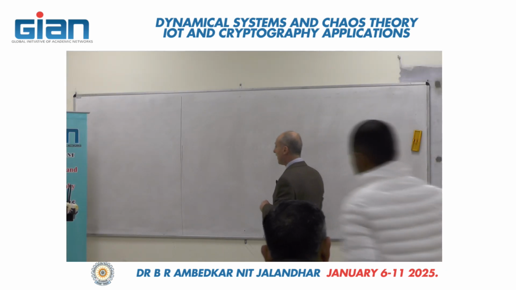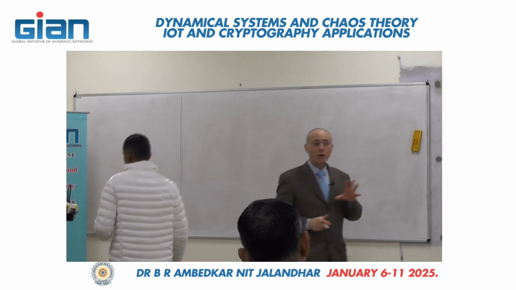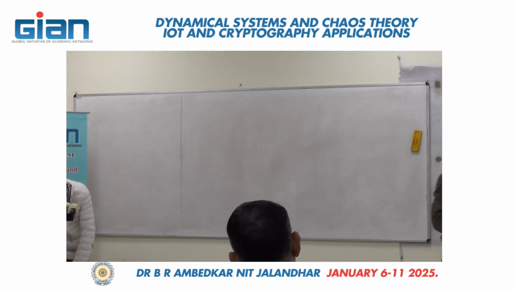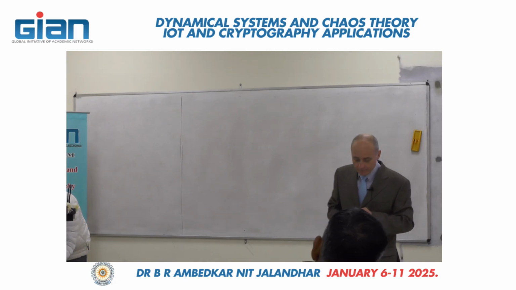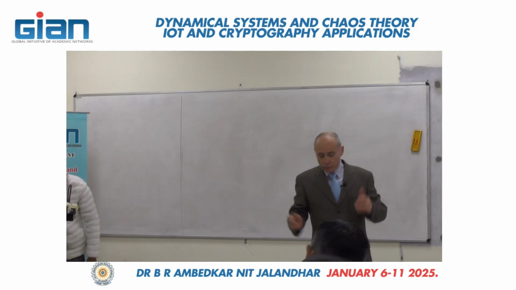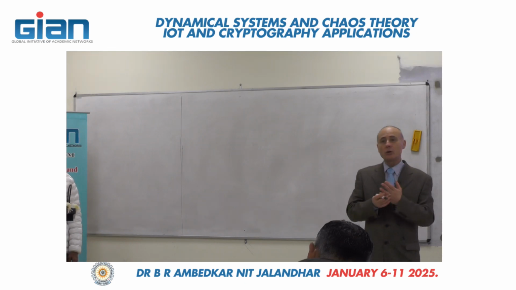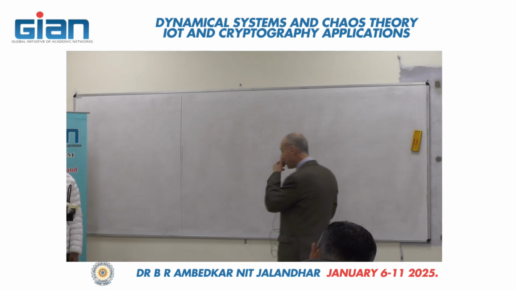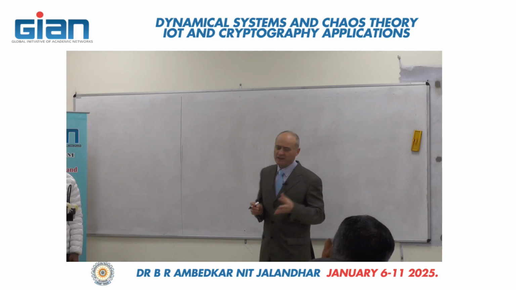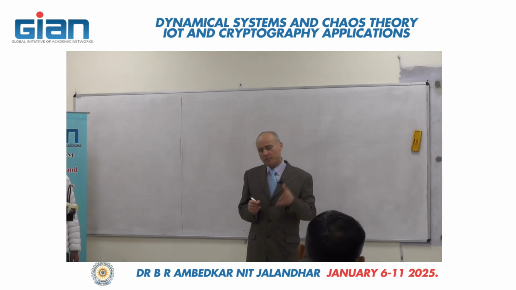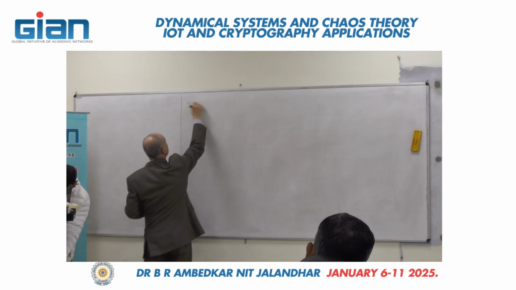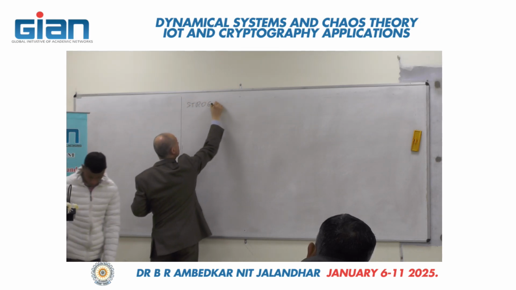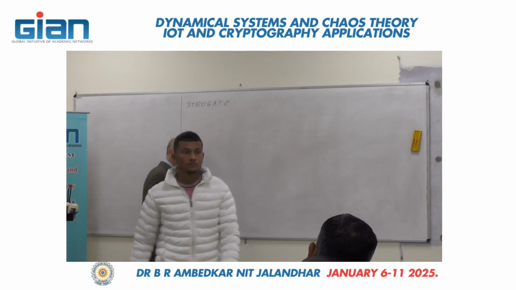So, about books, there is a whole variety of books that you can choose, whether more mathematical or more applied and so on. Now, I don't remember exactly the titles of the books, but I remember some of the authors, so I write here some of the authors. Okay. Strogatz is one author.